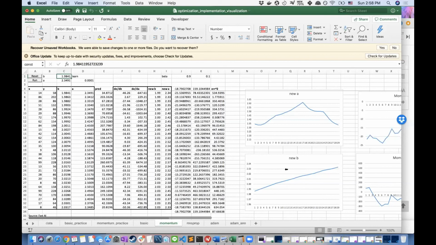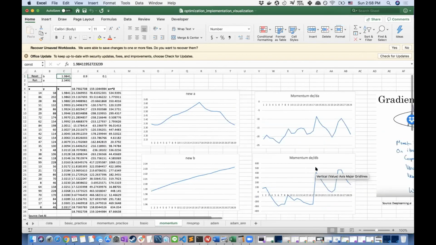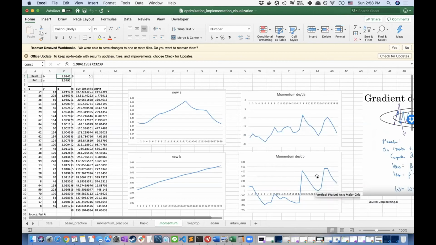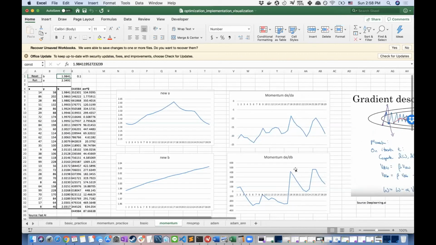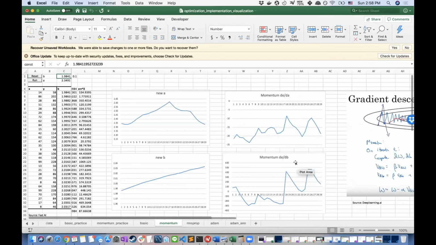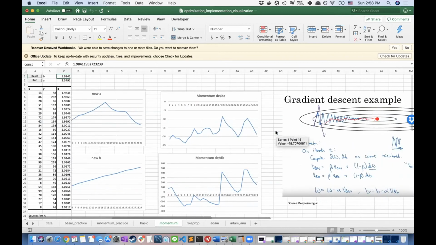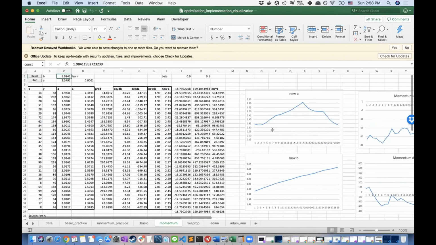It goes up a little faster than gradient descent, and notice how the oscillation and fluctuation of the gradient is actually smaller than in gradient descent, because of that exponential decaying average factor of 0.9 and 0.1.